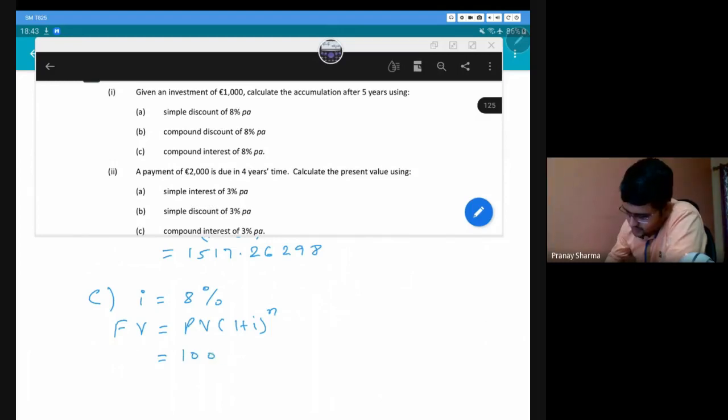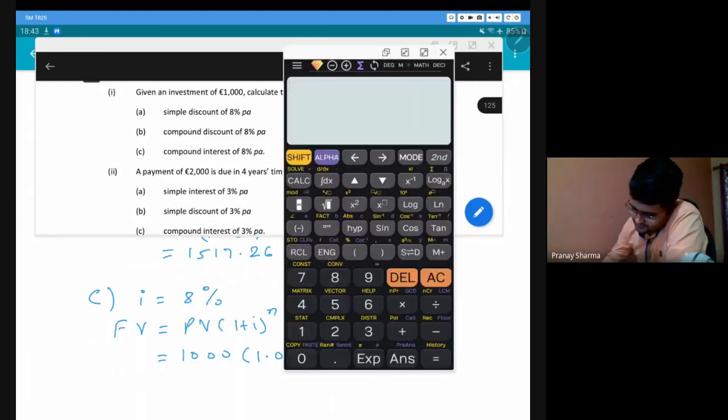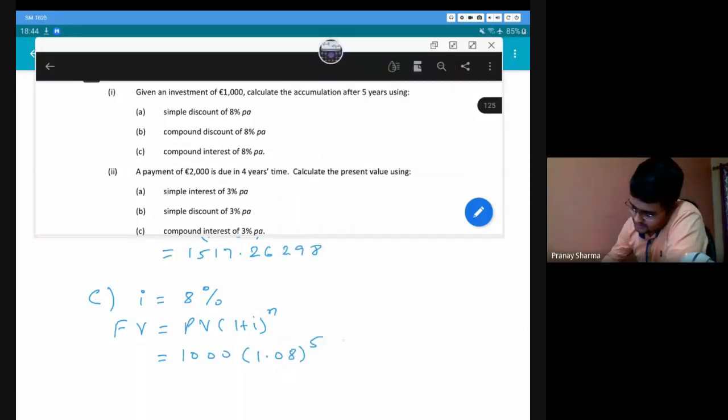We'll just have 1000 into, now here 1.08 raised to 5. Because in rate of interest we add, in rate of discount we subtract from 1. We have 1469.328.